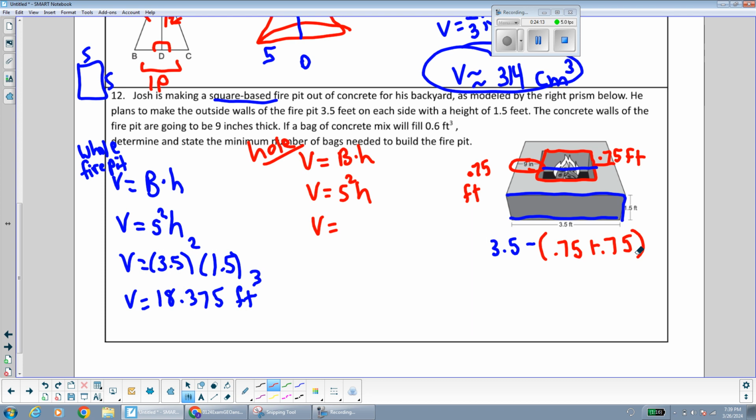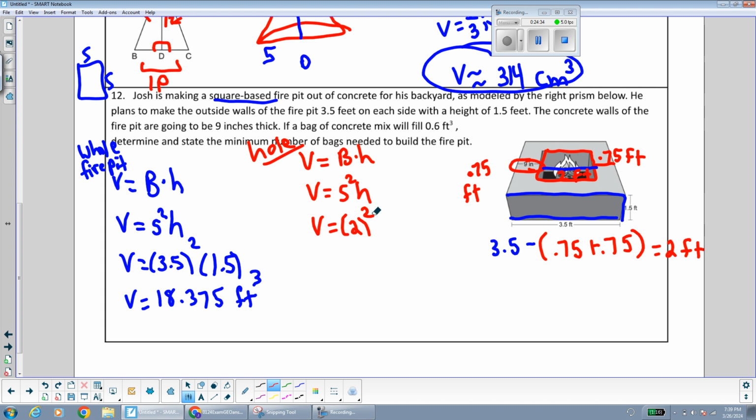So 3.5 minus 1.5 is 2. So a side of this square is 2 feet. So that's going to go here.